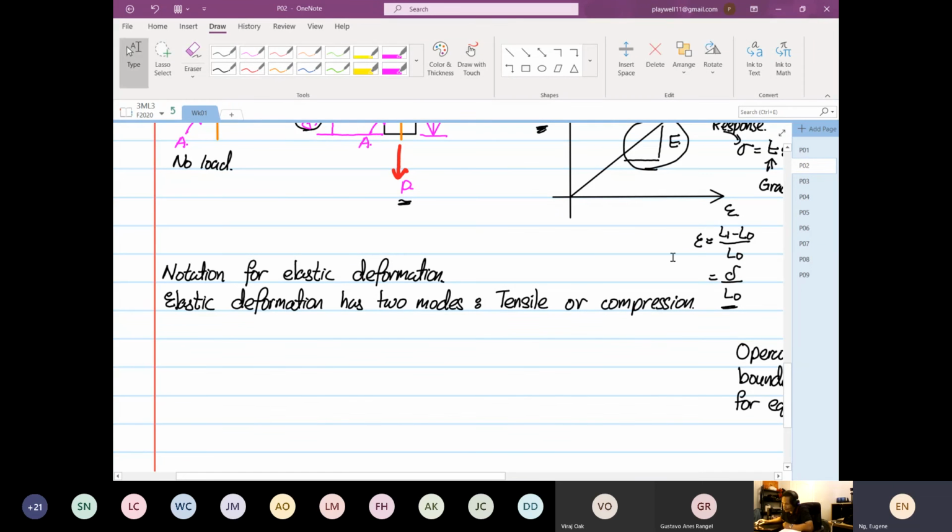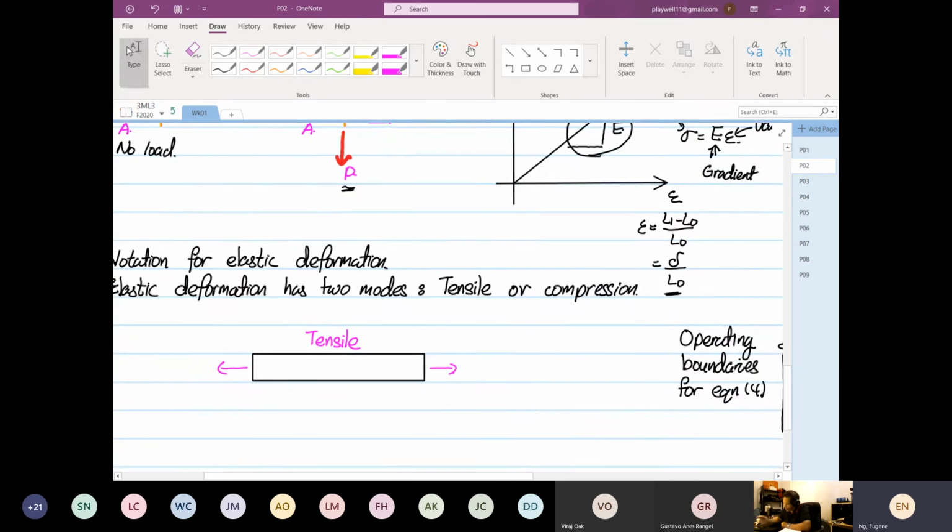So if you look at tensile, if you have a structure and your forces are pointing away from one another, this is what we call tensile, the mode of stretching.